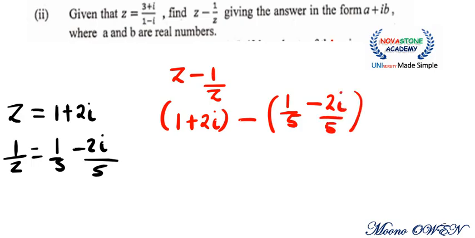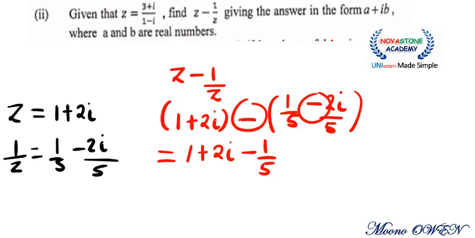That is what we have. Now from here, what am I supposed to do? Let me first distribute the negative. So I'm going to have 1 plus 2i. Now I'm going to have negative 1 over 5. Now there's a negative here and the negative. These ones are going to give us a positive. So I'm going to have a positive 2i over 5. Basically this is what we have.